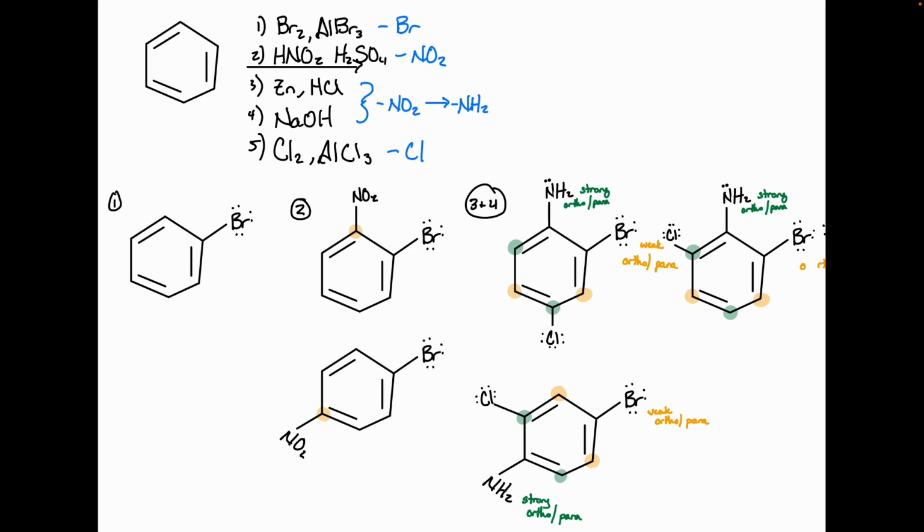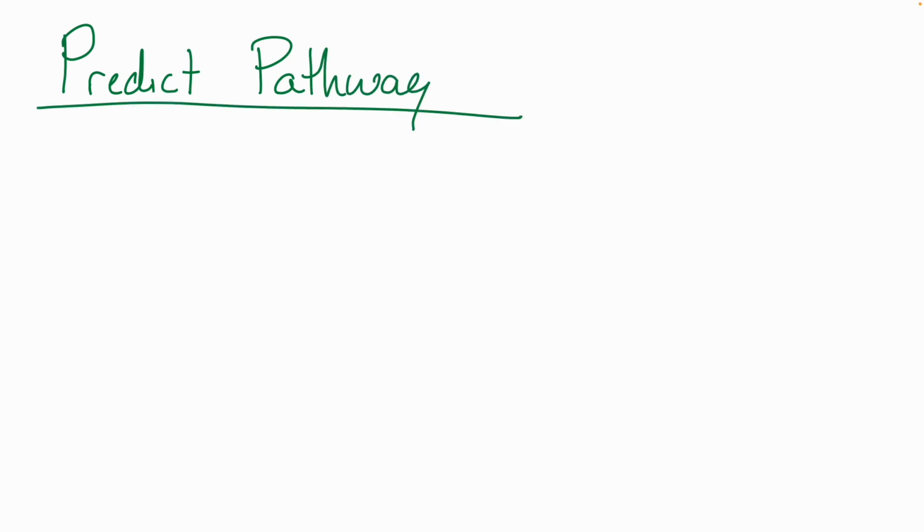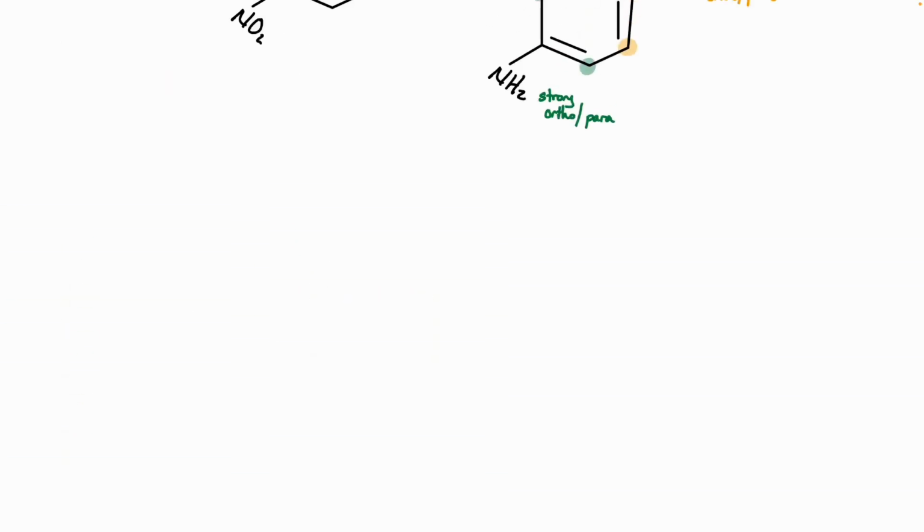The other thing that I can ask you is instead to predict that pathway, where instead of giving you the middle part, I give you the beginning and the end. Right?